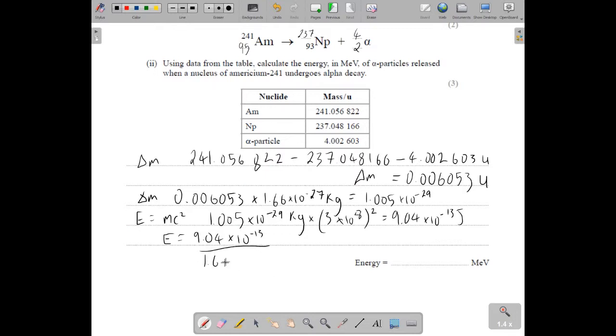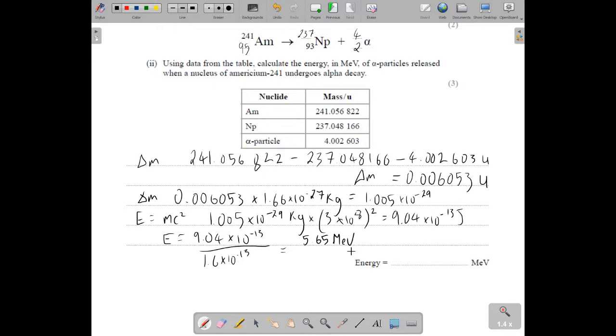So 1 eV is 1.6 times 10 to the minus 19. 1 MeV is 1.6 times 10 to the minus 13. So that gives me 5.65 MeV.